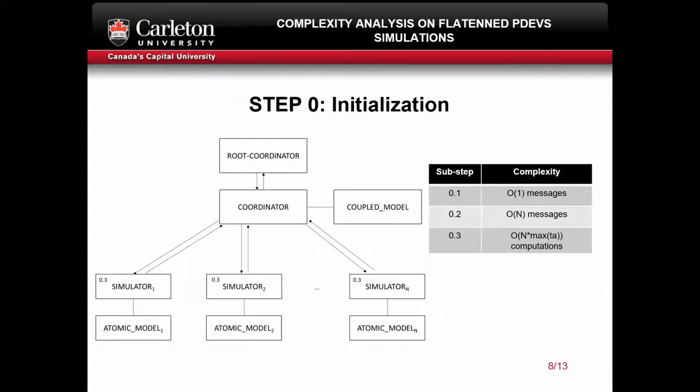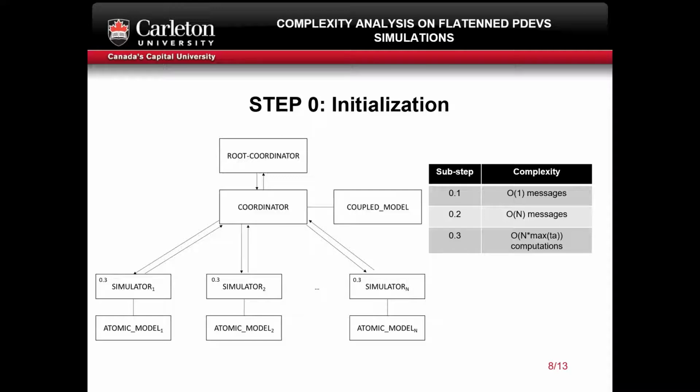And this protocol has the characteristic that it is executing any simulation given by the users, and therefore many of these parameters that contribute to the complexity cost are defined by the user. These time advance functions are the way we are executing the formal definition for the time advance defined in the atomic model. In this case, the complexity of this is n, which is the number of simulators we have, multiplied by the maximum of these time advance functions, and this is the complexity.